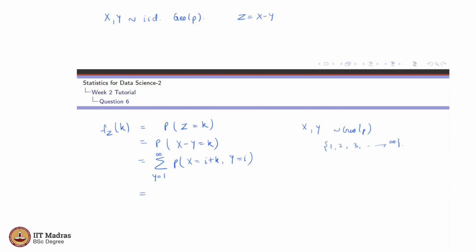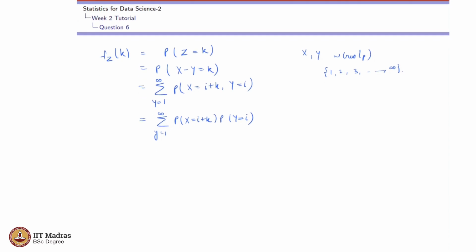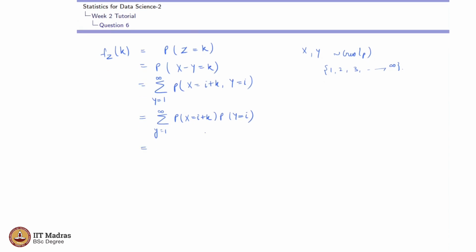Now it is also given that X and Y are independent. So this we can write as the sum over i equals 1 to infinity, probability X equals i plus k into probability Y equals i. So just use the formula now. What is probability X equals i plus k? It means at the (i plus k)th trial you have the first success, right?